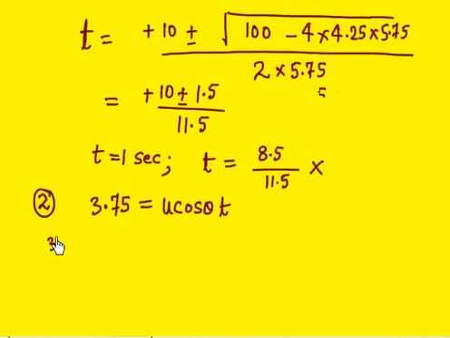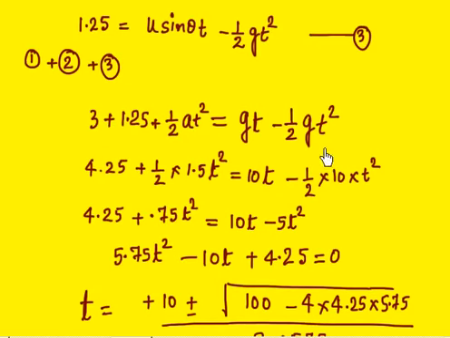So this is equation number 2. What is equation number 3 you have? Let us check equation number 3. If you put t equals 1, this is 10 by 2, 5. So this value is 5, so this comes to this side.